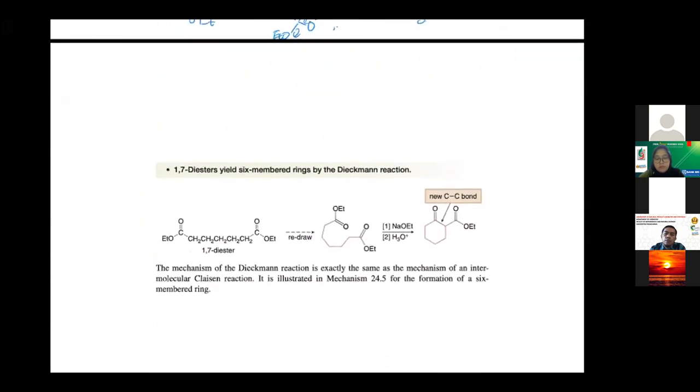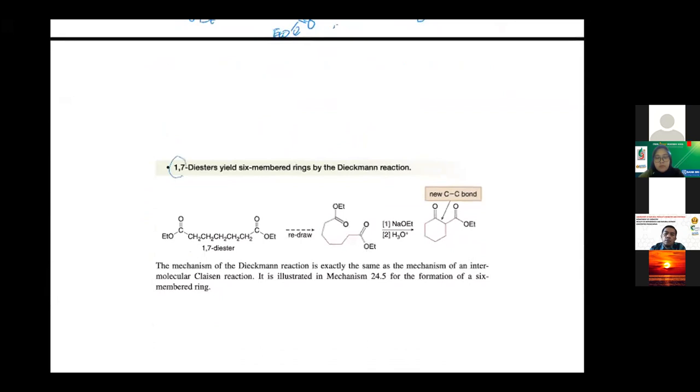Next is the 1,7-diester, carbons 1, 2, 3, 4, 5, 6, 7, with the ester here. This is the alpha position, and it attacks here in a nucleophilic attack.